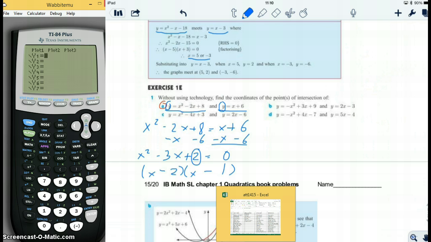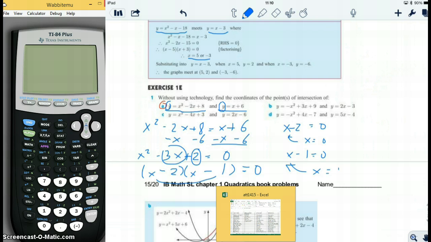Negative 2x and negative 1x added together are negative 3x, so that worked too. So this is almost the answer. Now when is this true? Well, x minus 2 is equal to 0 when x equals 2. And x minus 1 equals 0 when x equals 1. So those are the 2 solutions for x.